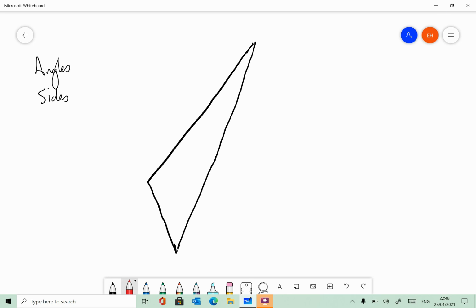So I'm going to call this angle down here the angle A. I give it an uppercase A. Because it's an angle, I call it an uppercase letter A. Now, because this is the angle A, the side opposite it is also called A, but this time it's given a lowercase a.